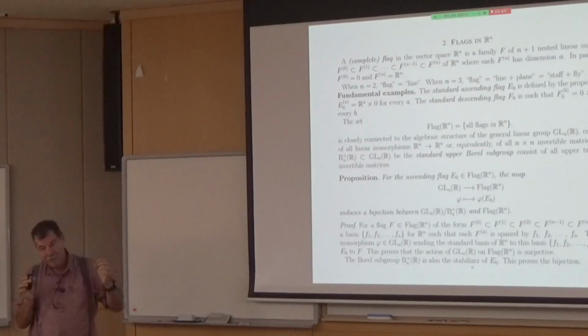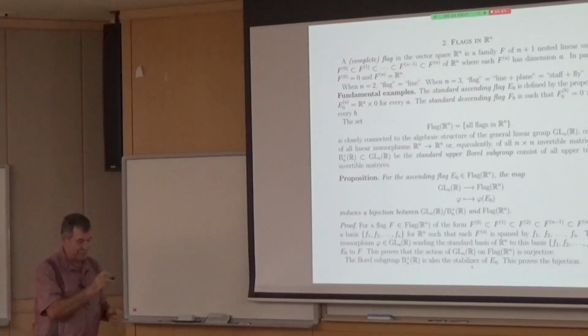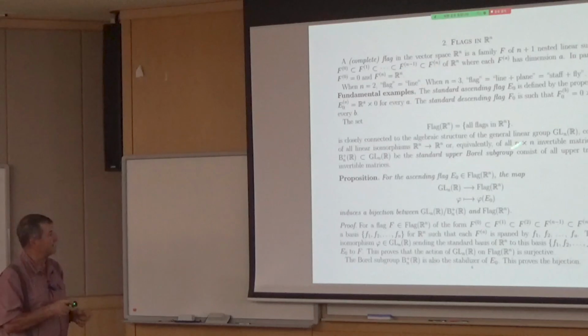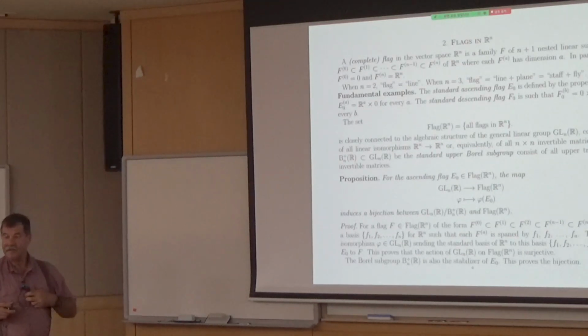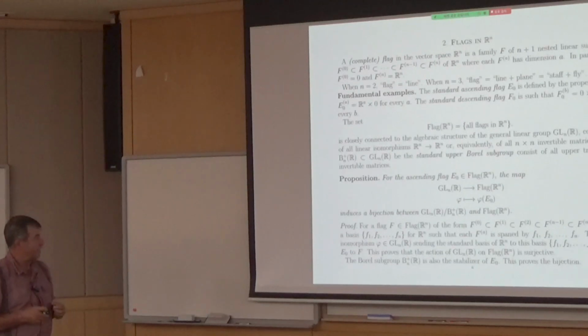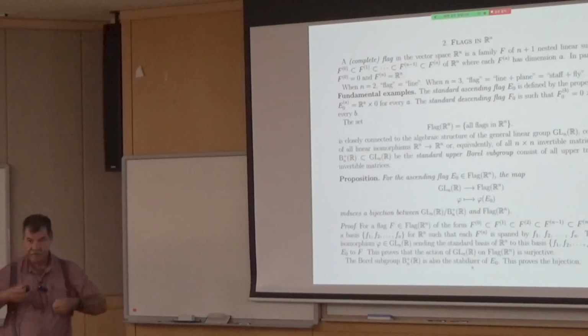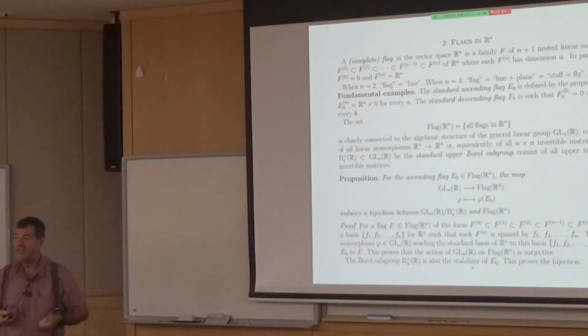Then you have one space which is a little more important, the Borel subgroup, which in practice corresponds to the upper triangular matrices in GLN. Then you have the opposite Borel subgroup, which corresponds to the lower triangular matrices. This is an important subgroup of GLN when you try to understand the algebraic structure of GLN.